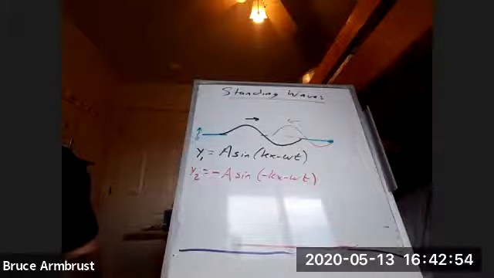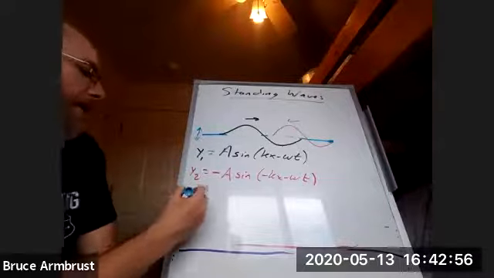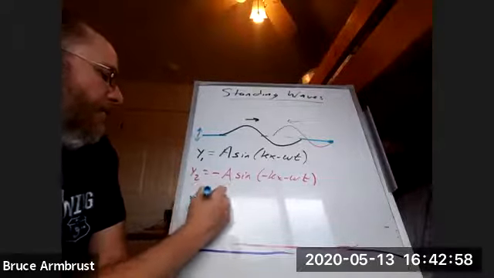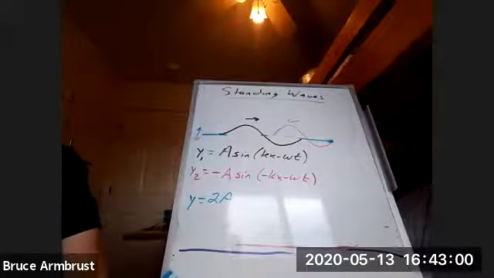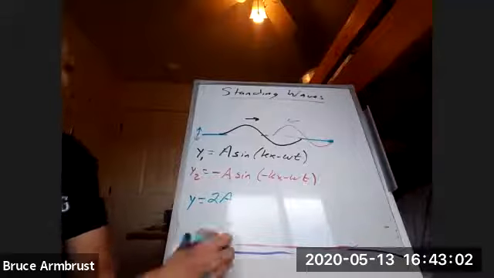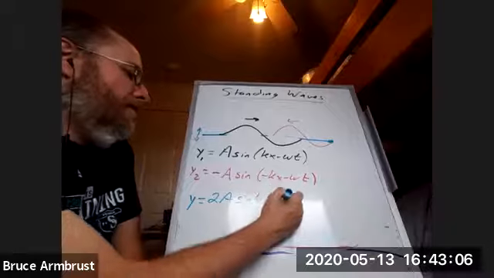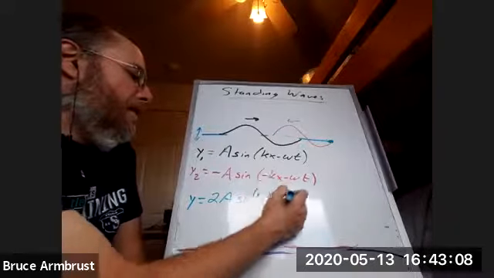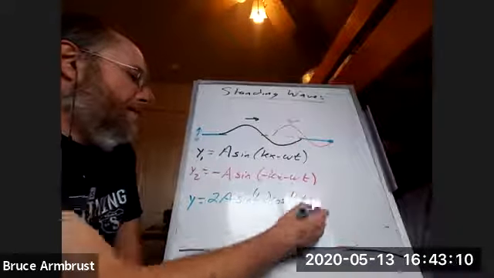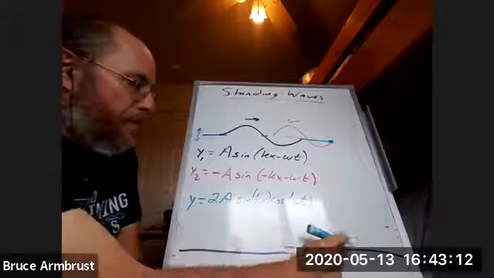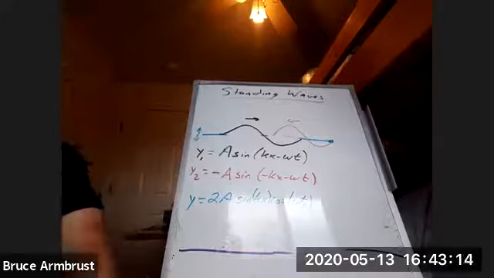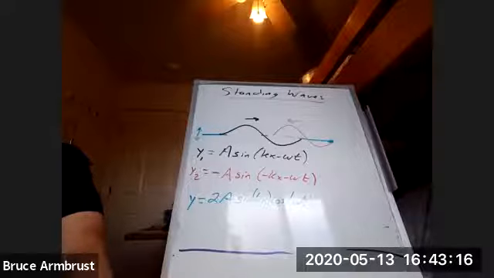But basically, let me just jump to the result for you. The result of this is that we're going to get a resultant function of 2A times the sine of kx times the cosine of omega t. If you use the identities, this is what you're going to get.